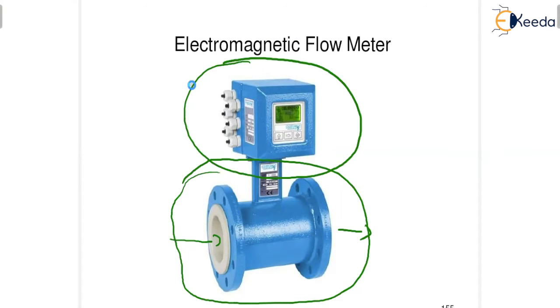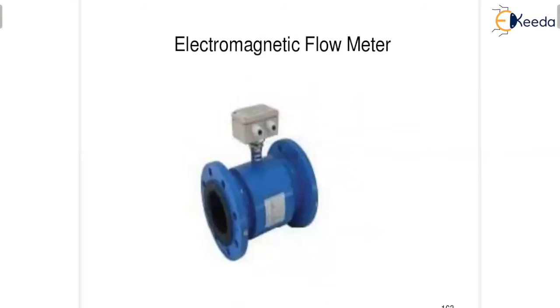This is the electromagnetic flow meter where the flow of the liquid takes place. Now I am going to explain its internal architecture in a detailed manner, my dear students.